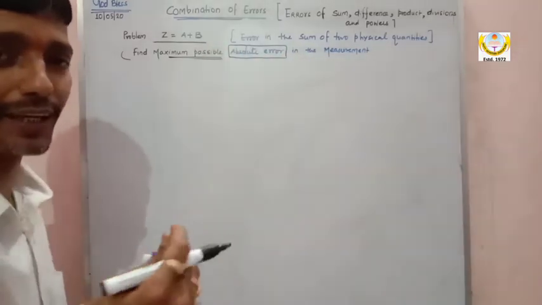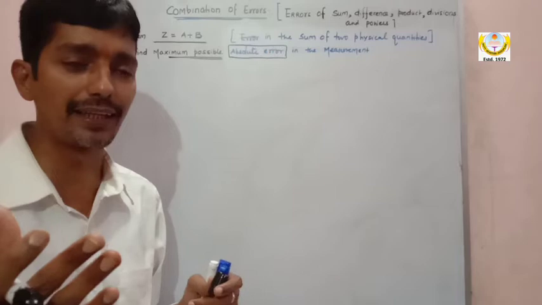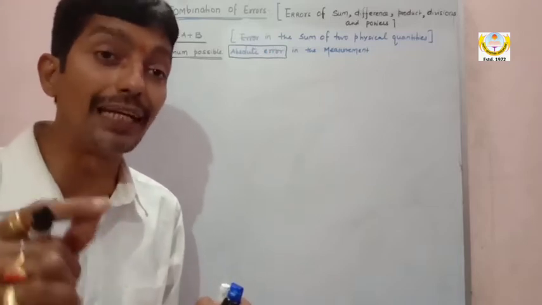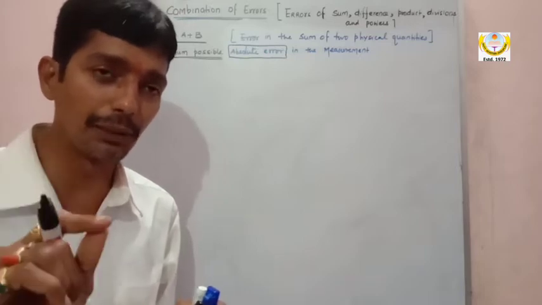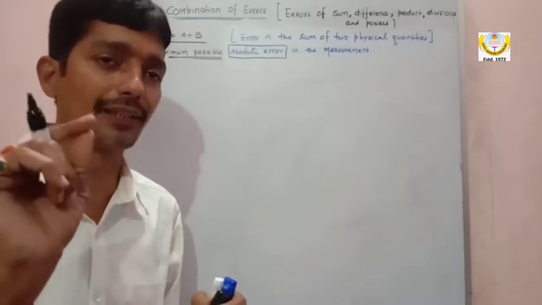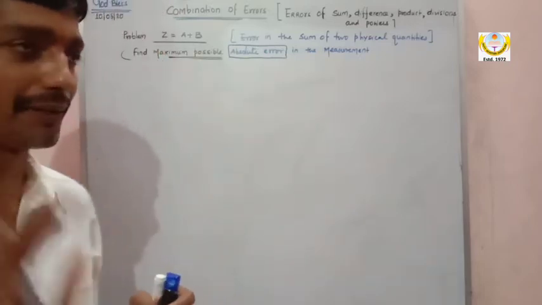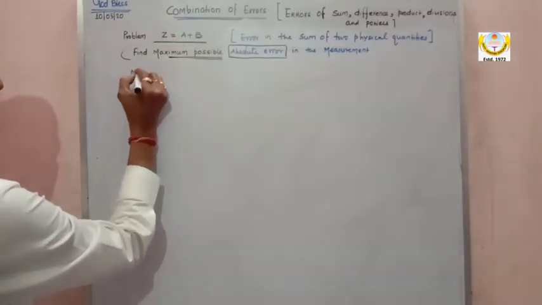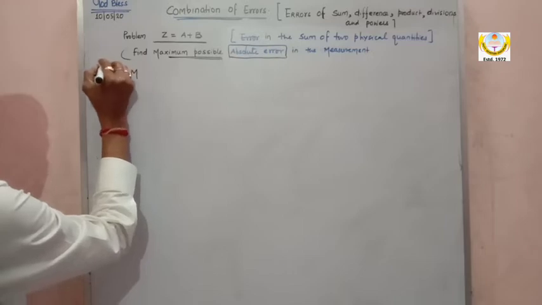And what is absolute error, sir? Absolute error is a difference. It is the difference between the true value and the measured value. Difference between true value and measured value is the absolute error. So now here, for example, my dear, measured value.